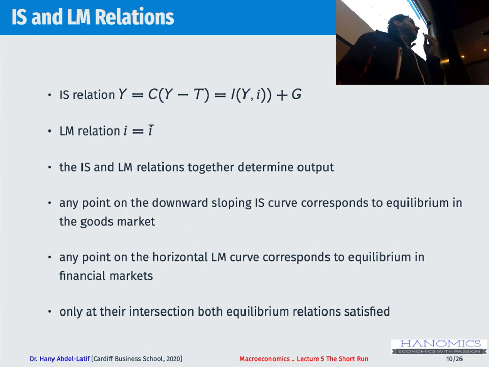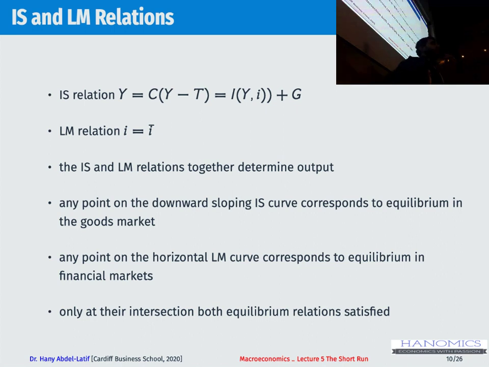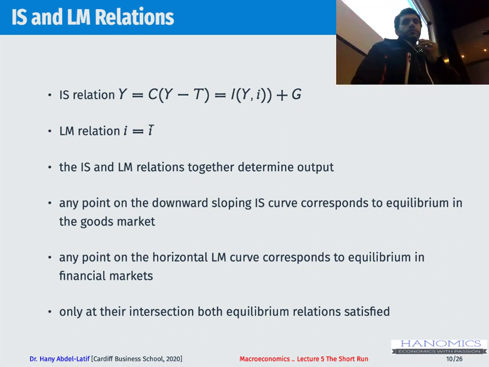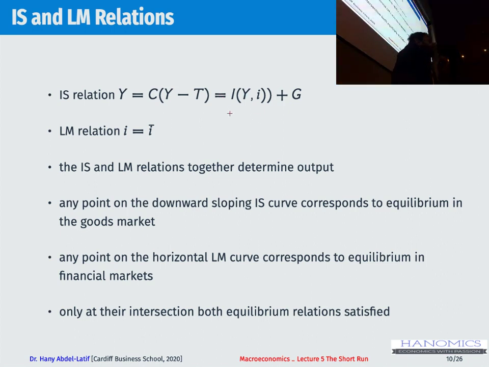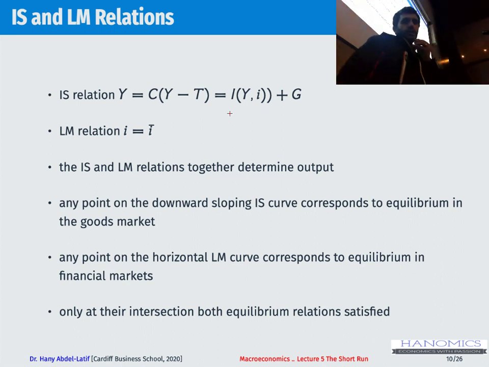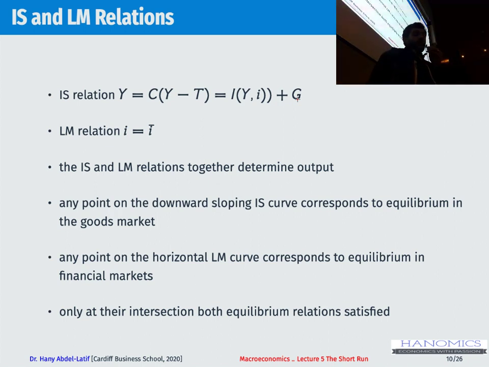So Y, output, depends on consumption, and consumption depends on disposable income, and this should be plus, not equal. And I, investment, depends on Y and i, the interest rate, plus G. We continue to treat G, government spending, as an exogenous variable.